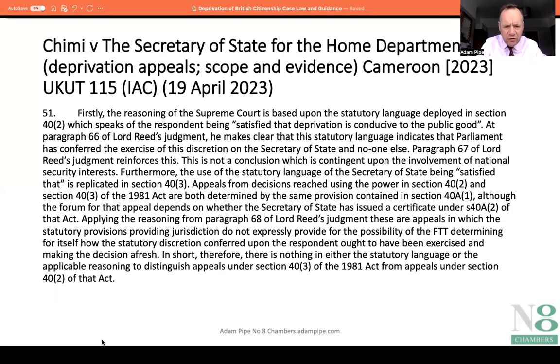In this paragraph, they look at the statutory language in terms of section 42, deprivation that is conducive to the public good, and they look at Lord Reed's judgment in Shamima Begum, and they contrast it with the language in section 43, which is the fraud and misrepresentation section, and they find effectively the language is the same, so the approach should be the same.